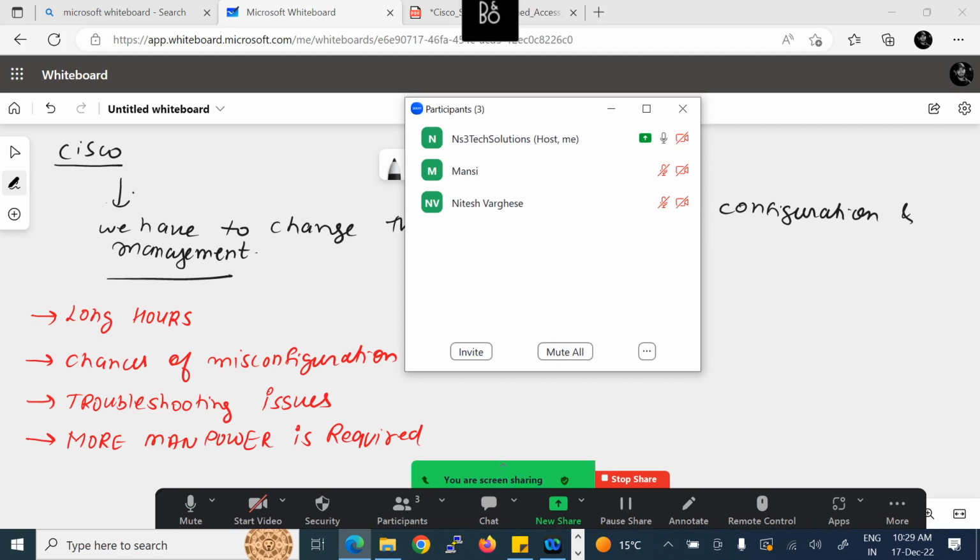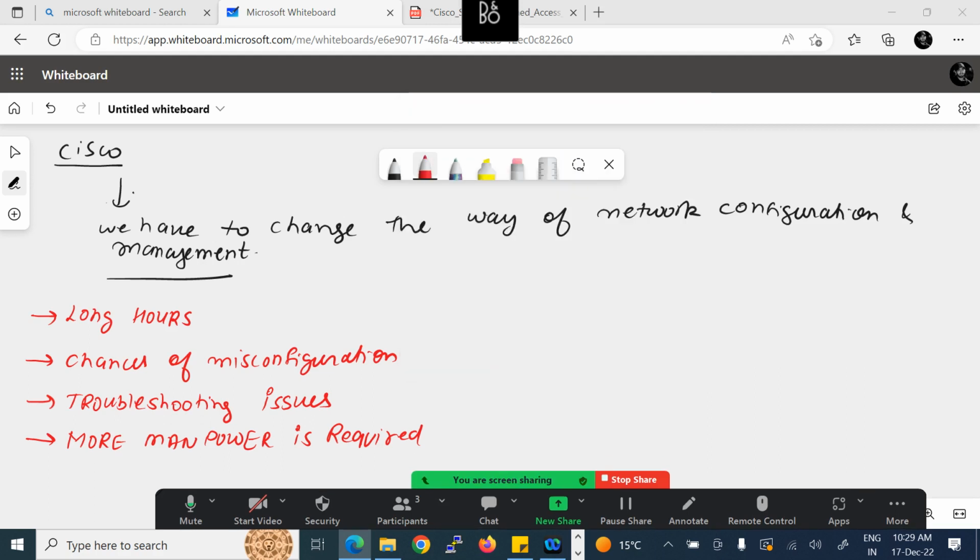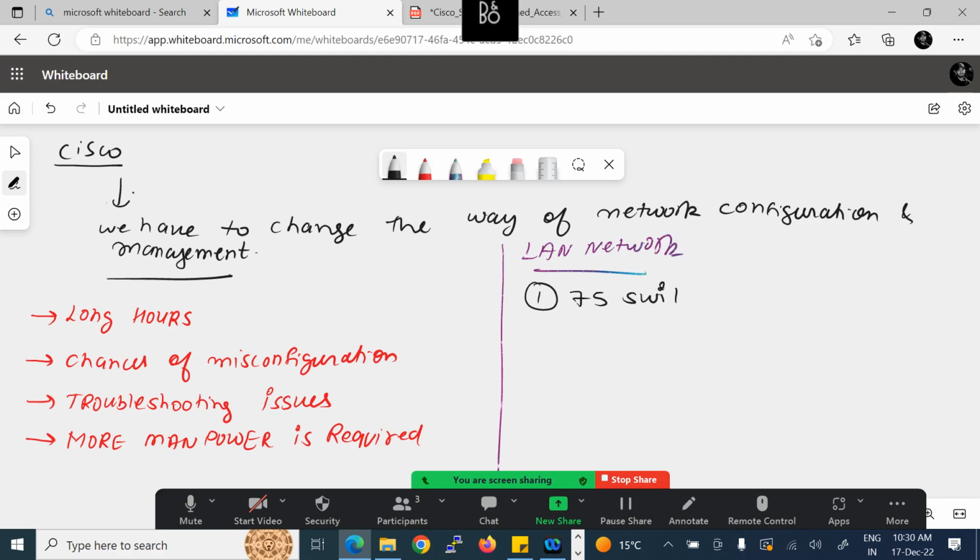So please let me know in the chat box. If I say I have to set up a LAN network, and in that network I have to add 75 switches, I have to add 100 access points, I have to provide IP addresses to 10,000 hosts.